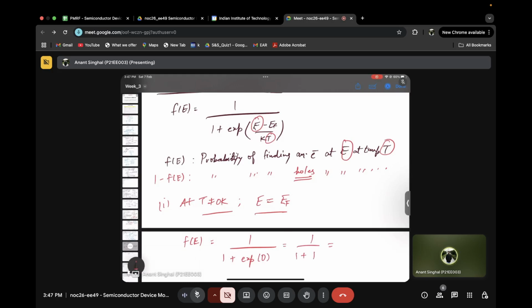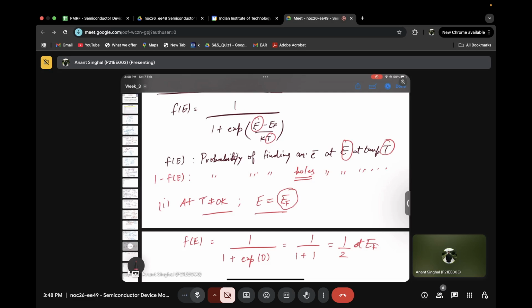So the Fermi Dirac probability of finding an electron at EF is always 1 by 2. So we can define the Fermi level by this definition: the Fermi level is that energy level where the probability of finding an electron is always 1 by 2. Are you all trying to understand this?